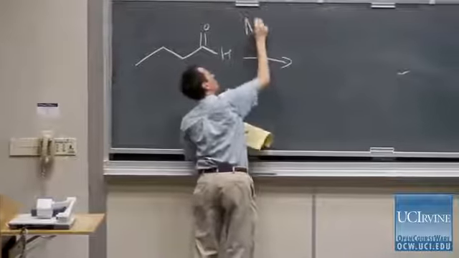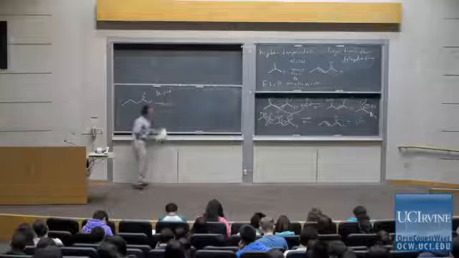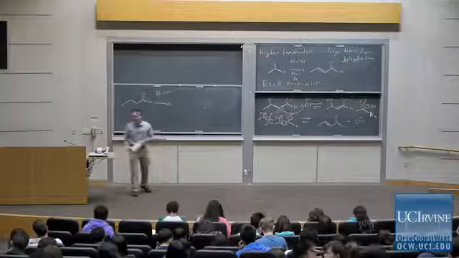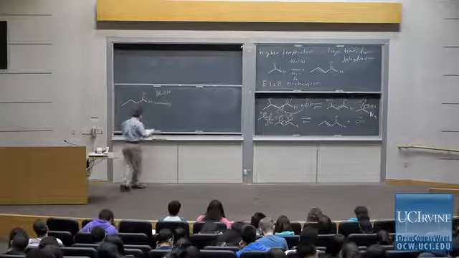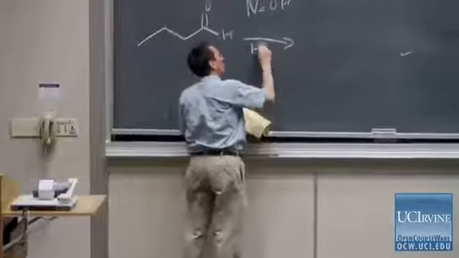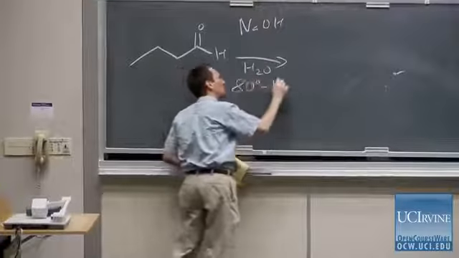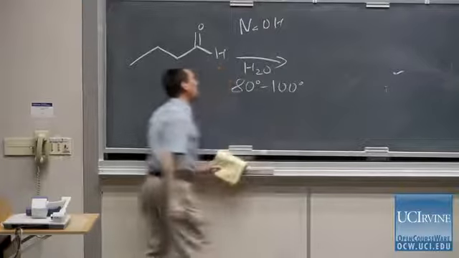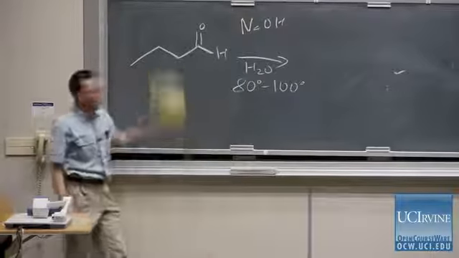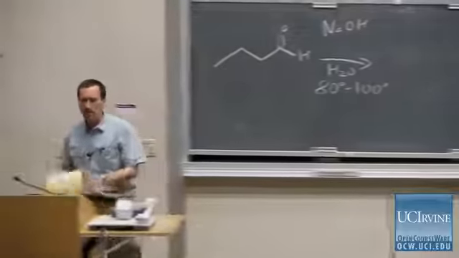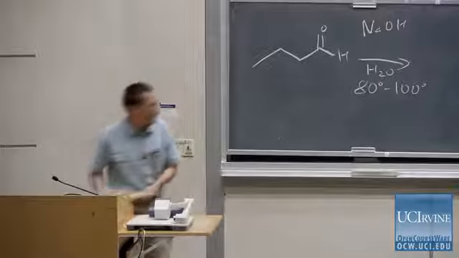It just shows you the sort of conditions. The acetaldehyde example, in the end, because of some reactivity, isn't the best example as far as yield and principles of reaction go. But I want to give you a very specific example. Let's take butyraldehyde, sodium hydroxide at 80 to 100 degrees Celsius.